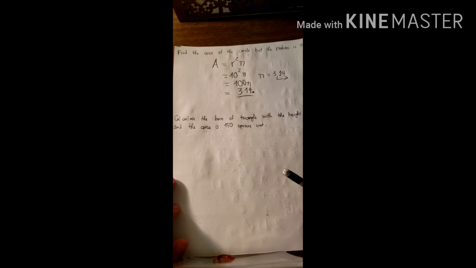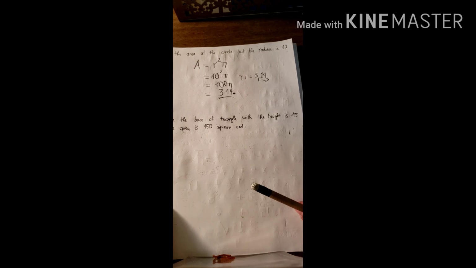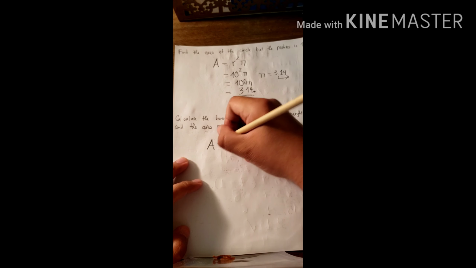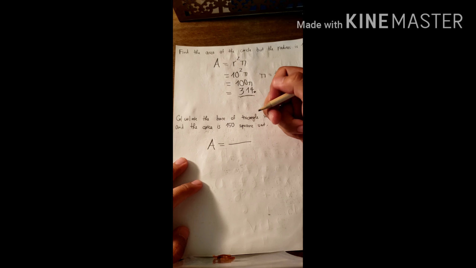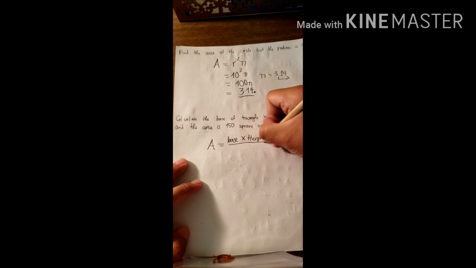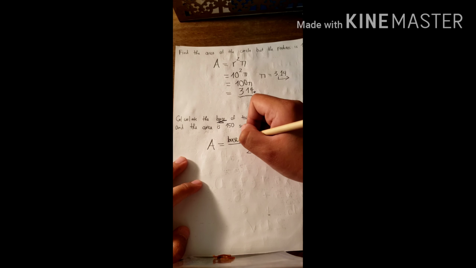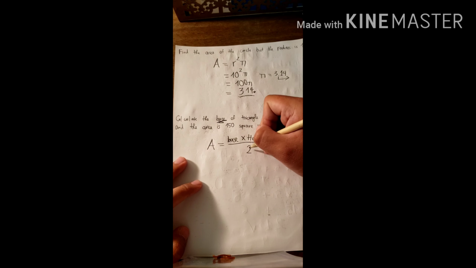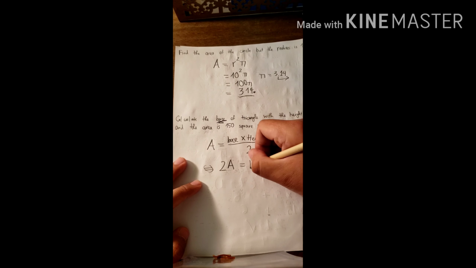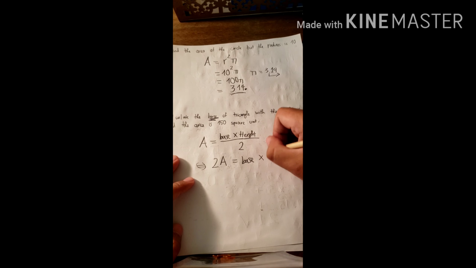The next one is to calculate the base of a triangle. If we know the height is 15 and the area is 150 square units, we know that the area of the triangle is the base multiplied by the height, divided by 2. But the question asks about the base. So we need to move the number 2 over there, so 2a equals the base multiplied by the height.